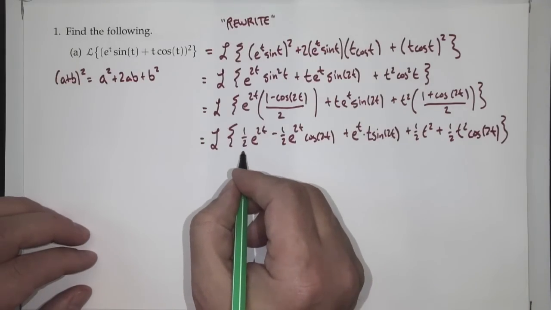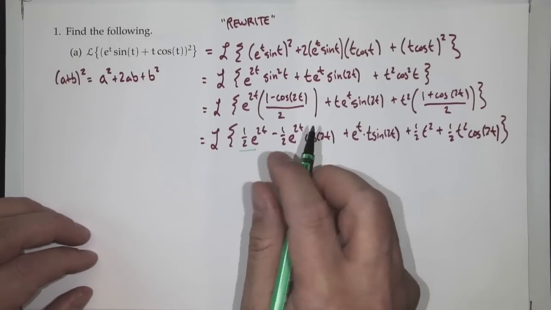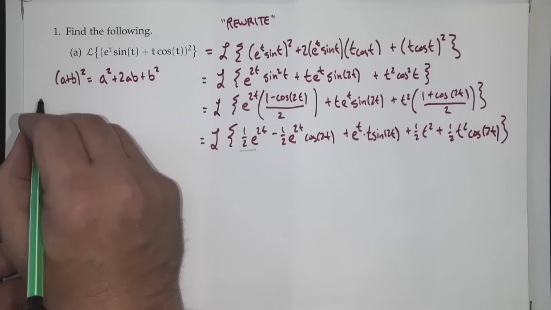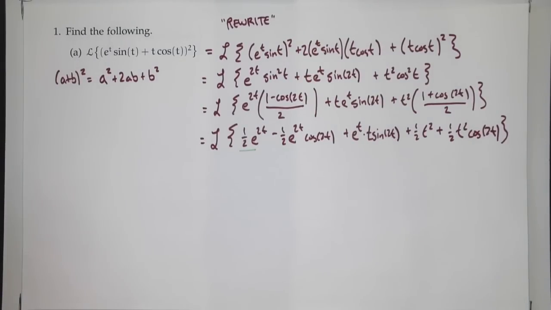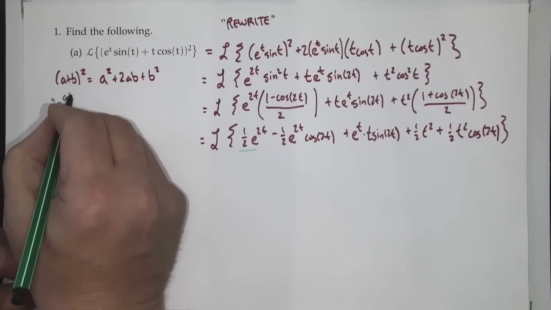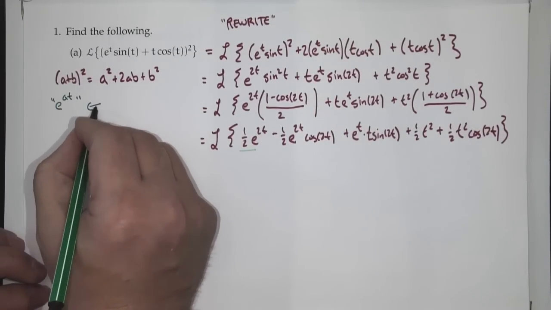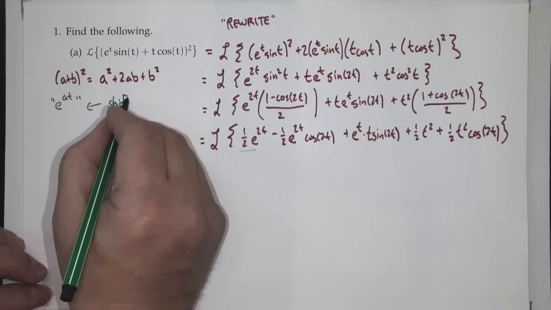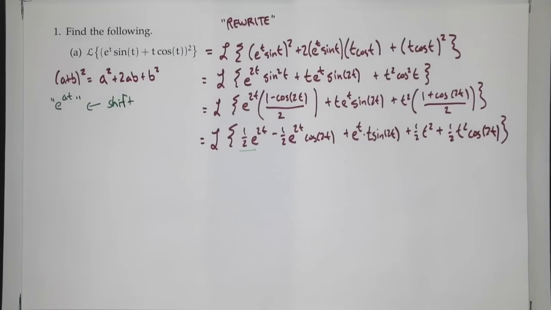And we say, okay, e^(2t) we like. And as a reminder, when you see e^(2t), how should you think of that? Well, in general, if you think of e^(at), this is a shift. So it's easy when you have exponentials involved. It's shifting the answer. Not so bad.